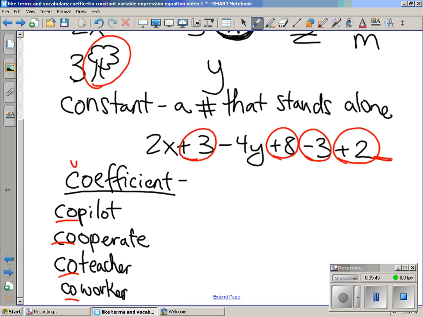Co means with or together, so it works with something else. Coefficients are numbers that work with something else. They're always attached to something else.